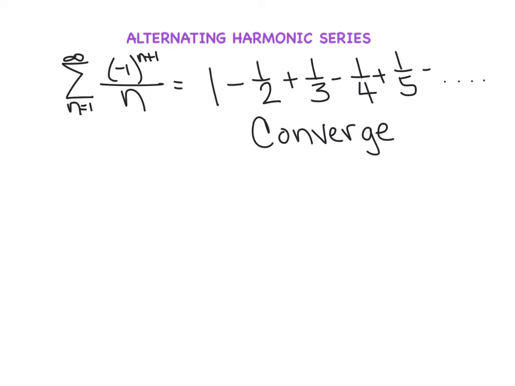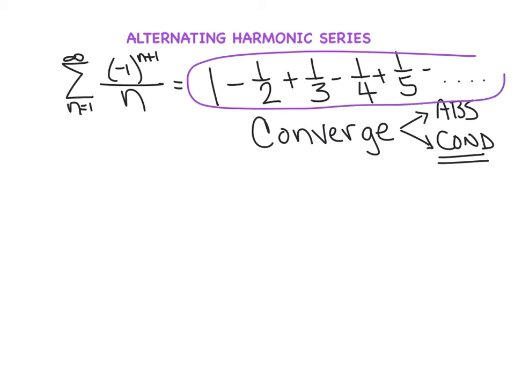So tonight's question is, does it converge absolutely, or does it converge conditionally? We're going to prove that this one converges conditionally, and the reason is that this particular series converges based on the condition that you add the terms in the order that we have them written on the screen.